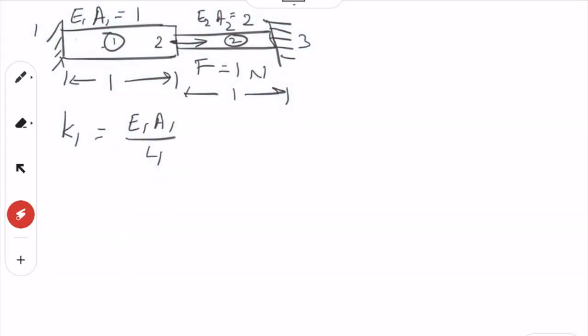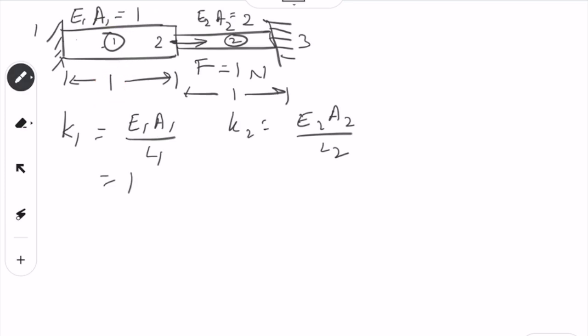So we have K1 equal to E1 A1 over L1, and K2 is equal to E2 A2 over L2. It's given that E1 times A1 equal to 1, L1 is also 1, so K1 is equal to 1, and similarly K2 will be E2 A2 over L2, so that becomes 2.